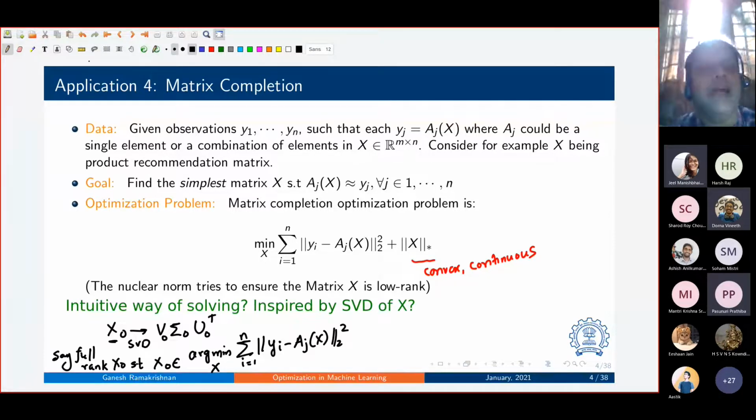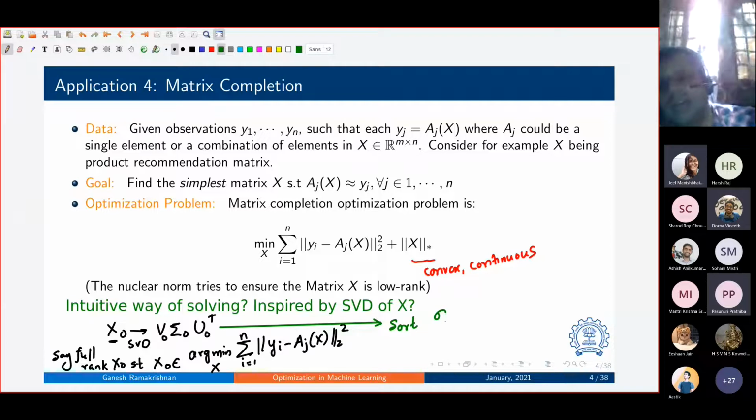You do this, and then the rest is based on SVD. You can threshold. So what would you do? Instead of picking all these sigmas, I'll pick only say the top k sigmas. So there you can do iterative thresholding. I'll not get to the details of this, but it's similar to PCA, right?